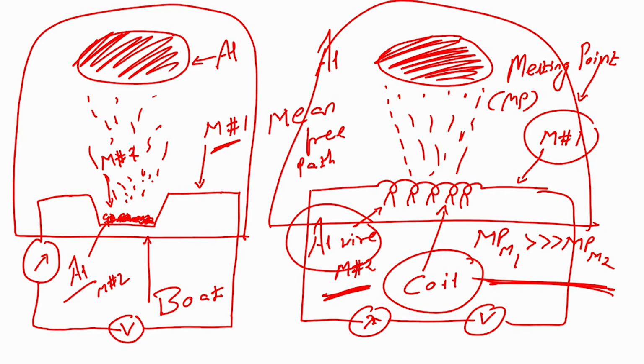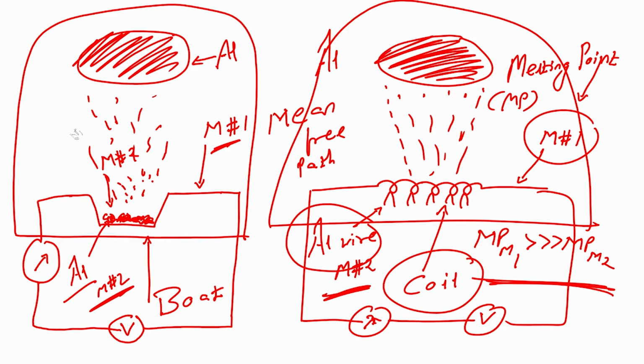that is why when we want to deposit a material of which the melting point is extremely high, for example silicon dioxide, the melting point of silicon dioxide is very high and we cannot use thermal evaporation.